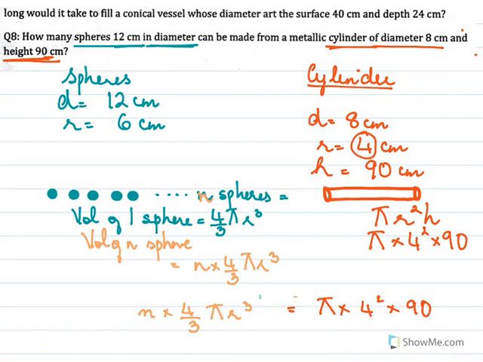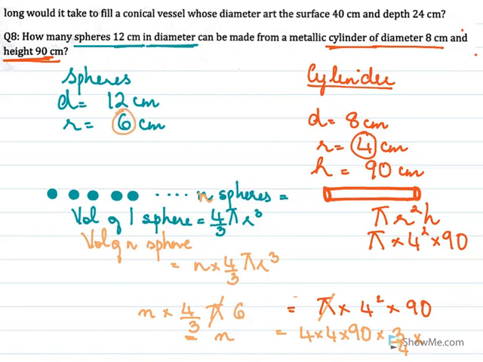So here it's written a little tidier. Now we need to find n. Pi will cancel. So you have 4 into 4 here, and this is 90. Now we take 4 by 3 on the other side, it becomes 3 by 4. We take the 6 cube. We know this radius is 6, it's given to us here.